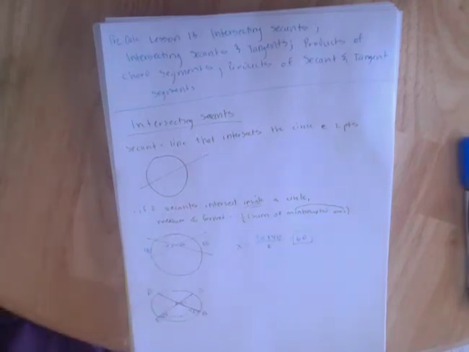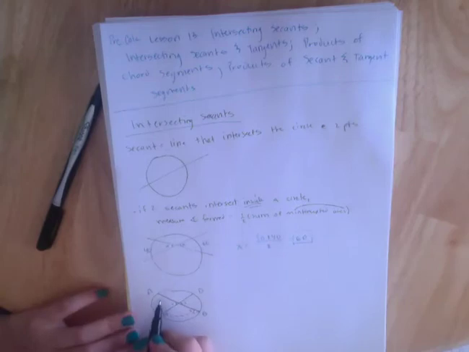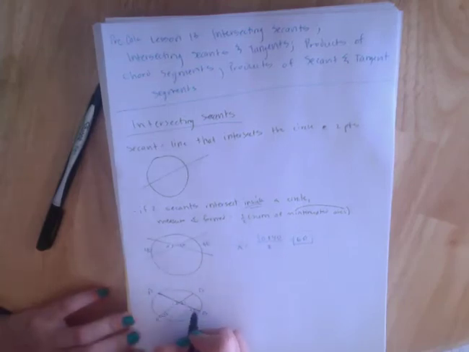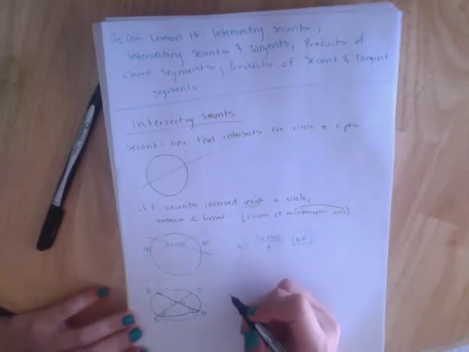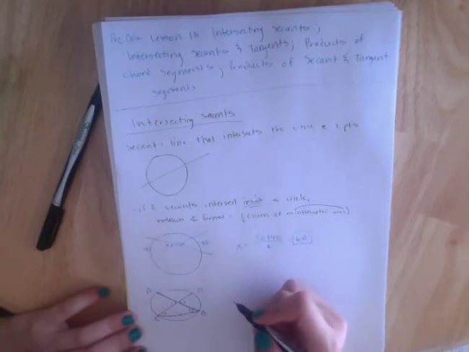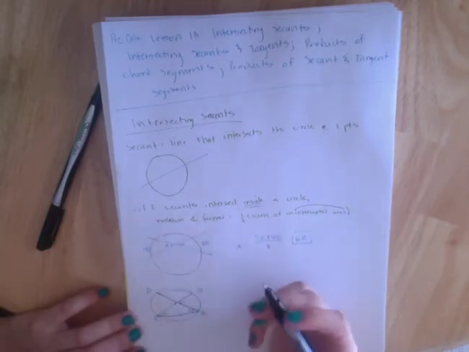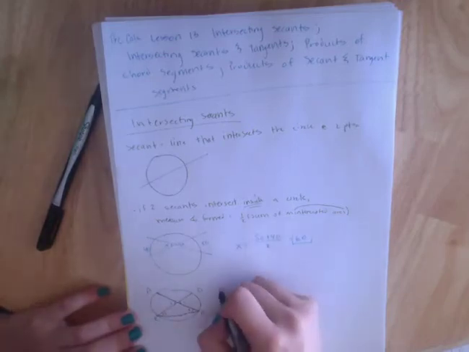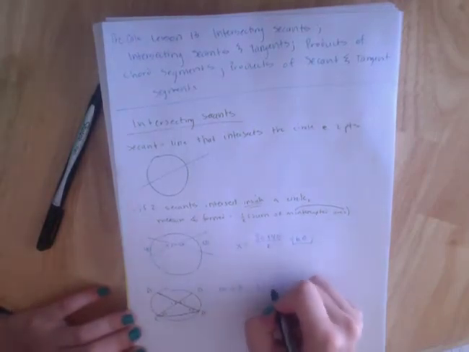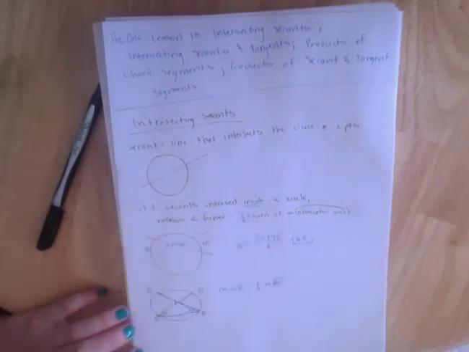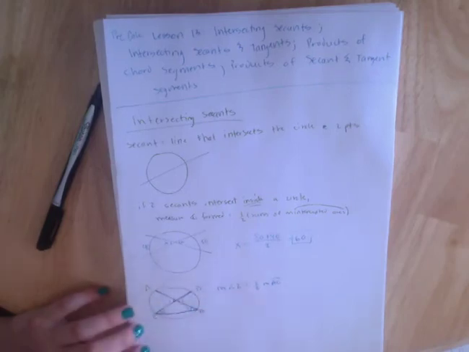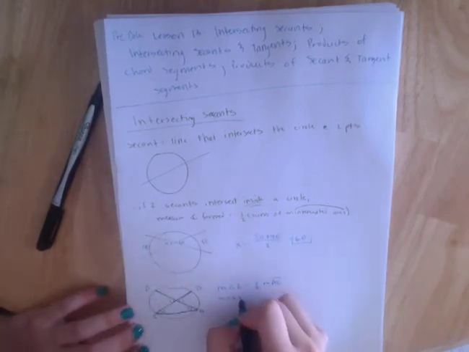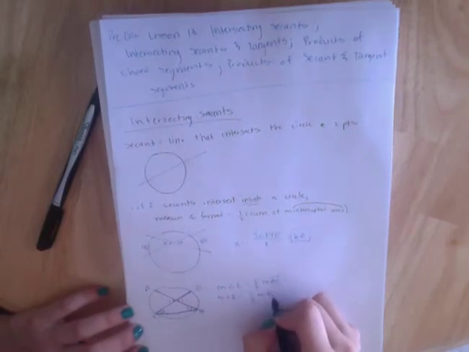This will be angle 2. Now, if we just look at this angle here, it is an inscribed angle. So the measure of angle 2 is 1/2 the measure of arc AC. And likewise, the measure of angle 3 is 1/2 the measure of arc DB.